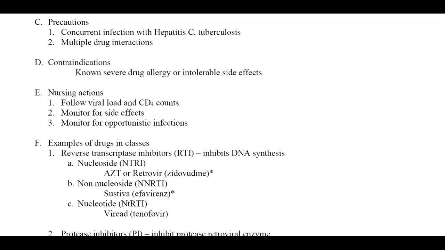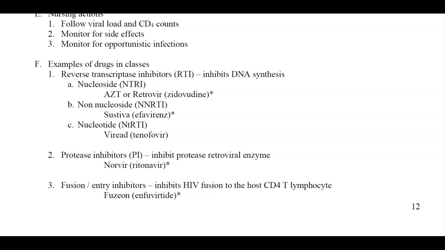Nursing actions include following the viral load and CD4 counts, especially because we want to know if our goals are being met. We also have to monitor for side effects as well as for opportunistic infection, especially because we know that this disease process can weaken a patient's immune system. Examples of drugs in this class: there are different kinds. There are the reverse transcriptase inhibitors or RTIs that inhibit DNA synthesis.